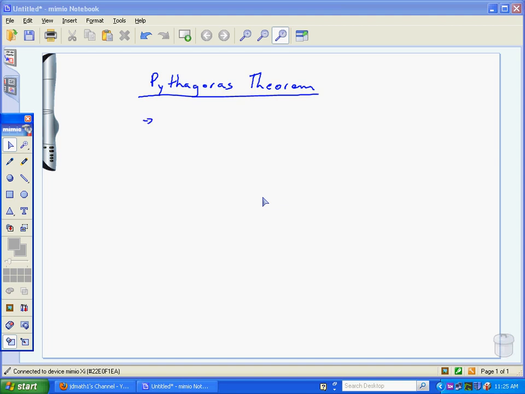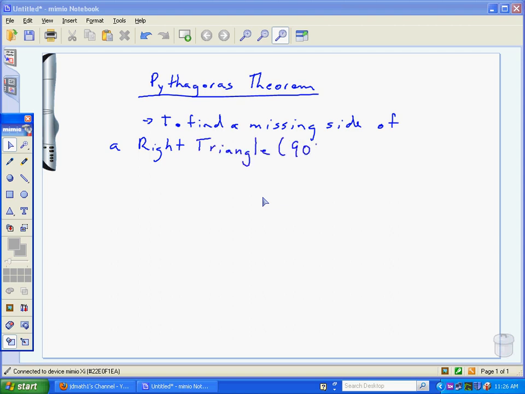Pythagoras is used to find a missing side of a right triangle, and by right, obviously I mean has a 90-degree angle in it.